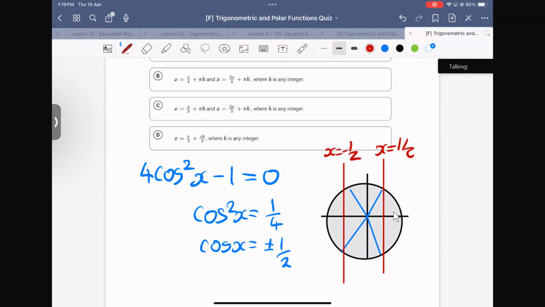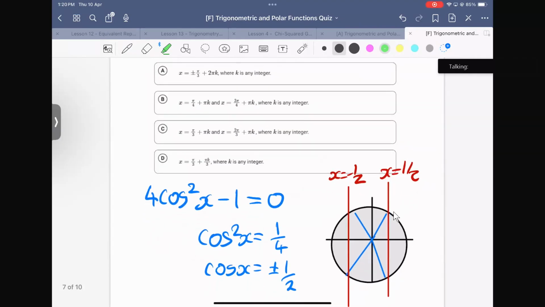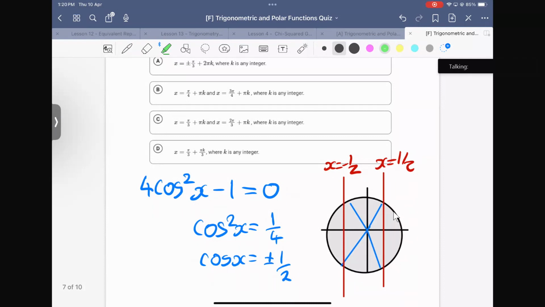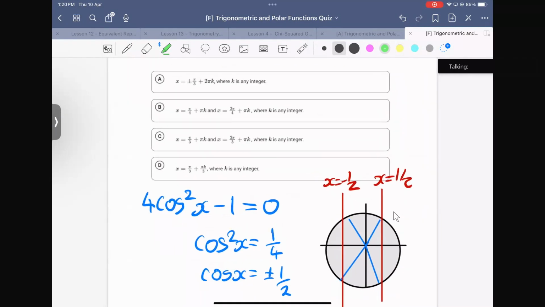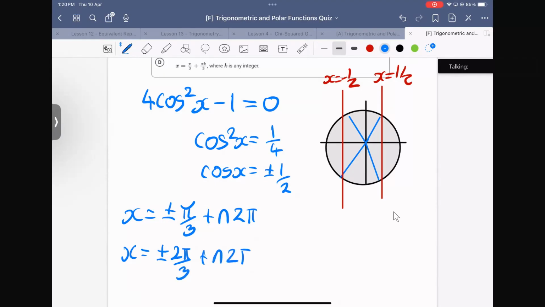And then we're solving the equation. It's not given in the equation that we're solving any particular interval. So I think it's looking like C, isn't it? Yeah. So just solving our equation, we've got x is equal to plus minus pi over 3 plus n 2 pi, and x is equal to plus minus 2 pi over 3 plus n 2 pi.